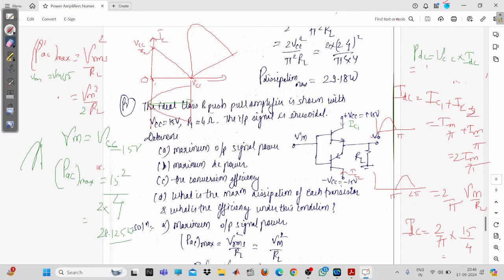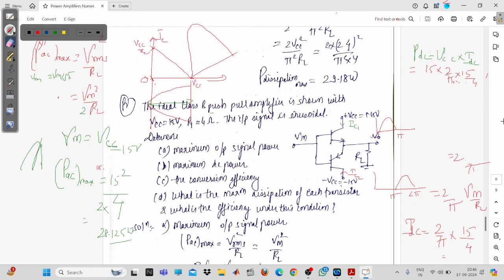What is VCC? 15 into 2 by pi into 15 upon 4. So this value is known to you now. So that one will be 35.8 watt is the PDC value.